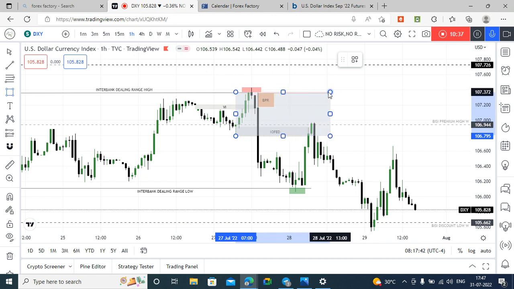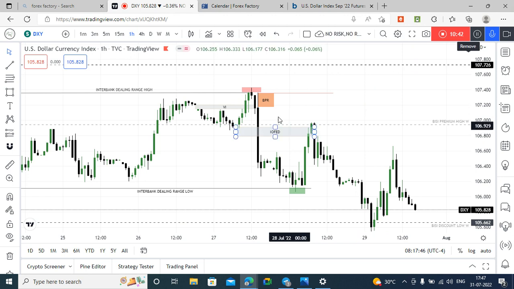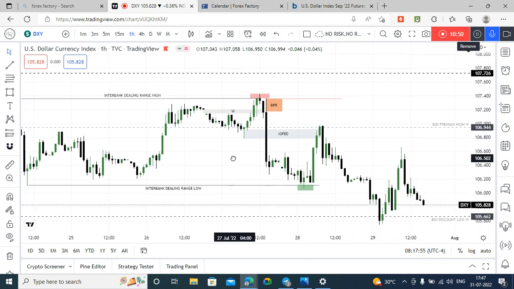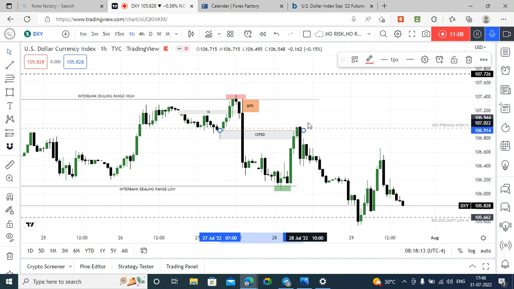Okay, breaker level also, but I am not going to suggest trading this type of one, because when you enter at this level, you have to put your stop loss above this, and it will become a very large stop loss. Okay, and you can say this is an order block also, because the same bullish candles formed, so we can call this level an order block.